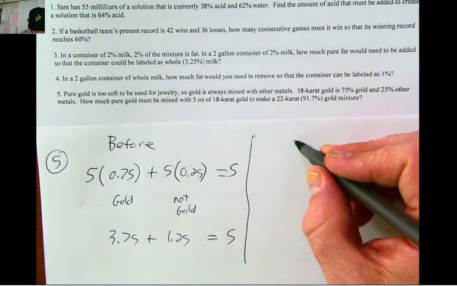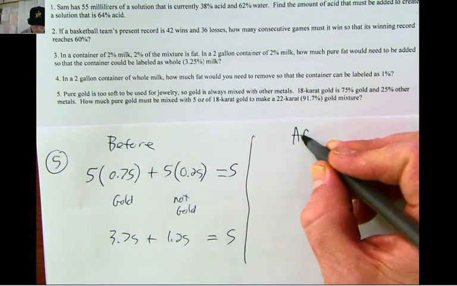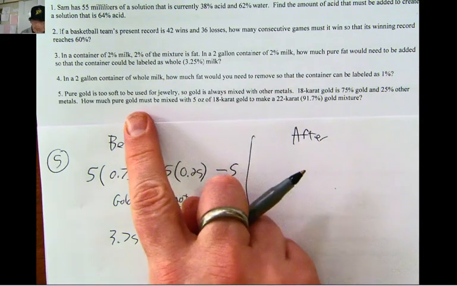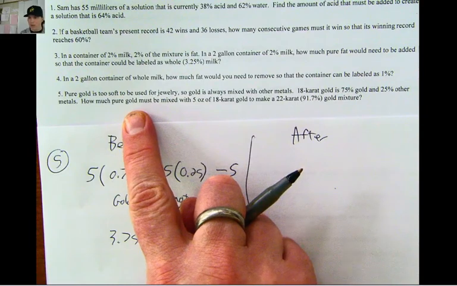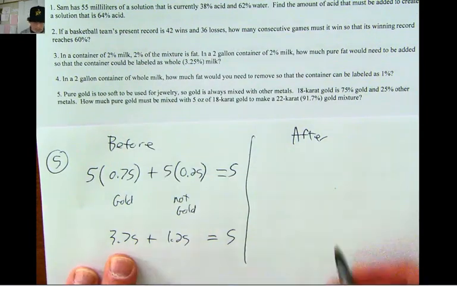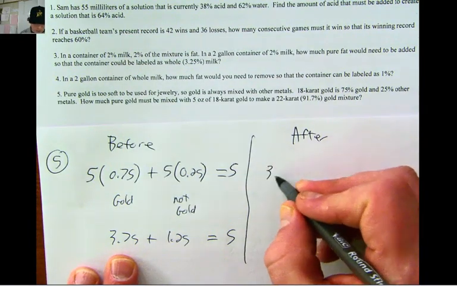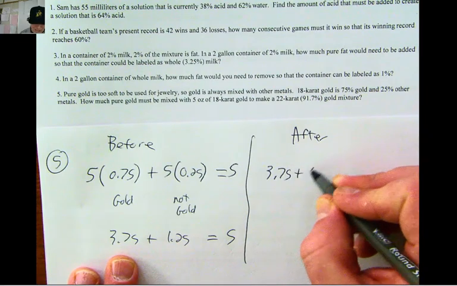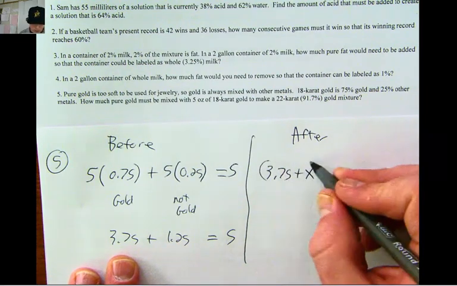of 18 karat gold. Then, what I'm going to do afterwards is I'm going to add pure gold to the mix. So I'm going to take this part that's pure gold, the 3.75, and I'm going to add some more gold to it.